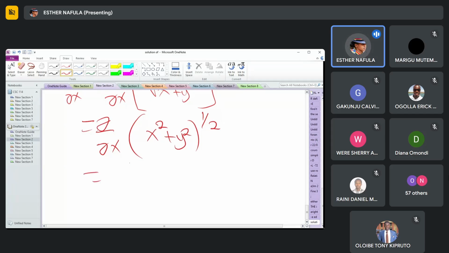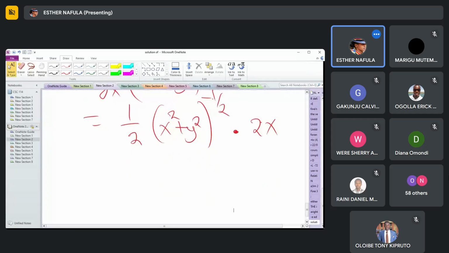To differentiate this, we pre-multiply by the power, which is a half, then multiply by the original function, decrease the power by one, so half minus 1 gives negative half, then multiply by the derivative of whatever is inside the brackets with respect to x, so times 2x.